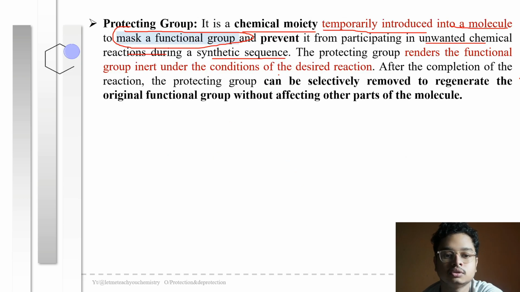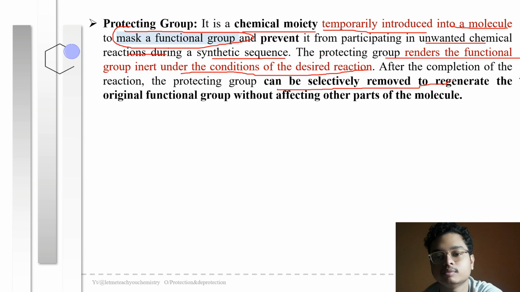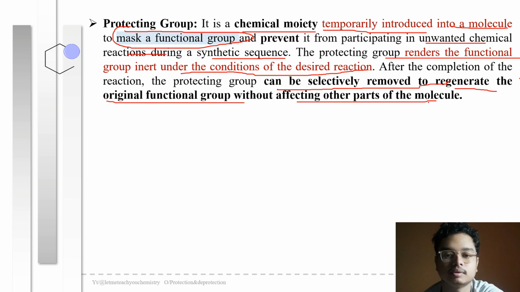The definition suggests something like this: prevent unwanted chemical reactions during a synthetic sequence. This protection group renders the functional group inert under the conditions of the desired reaction. And after the completion of the reaction, the protective group can be selectively removed to regenerate the original functional group without affecting the other parts of the molecule.